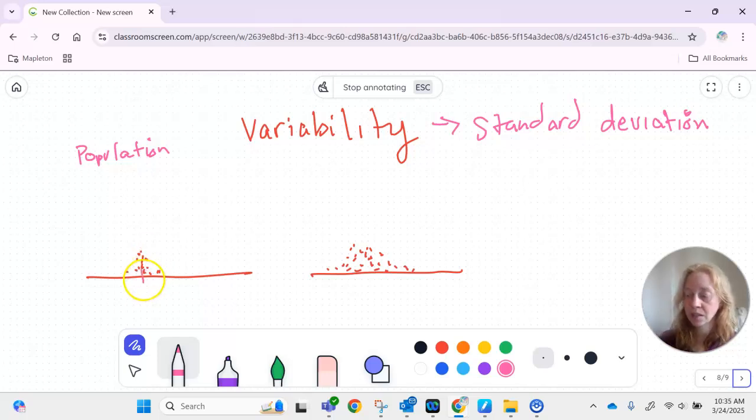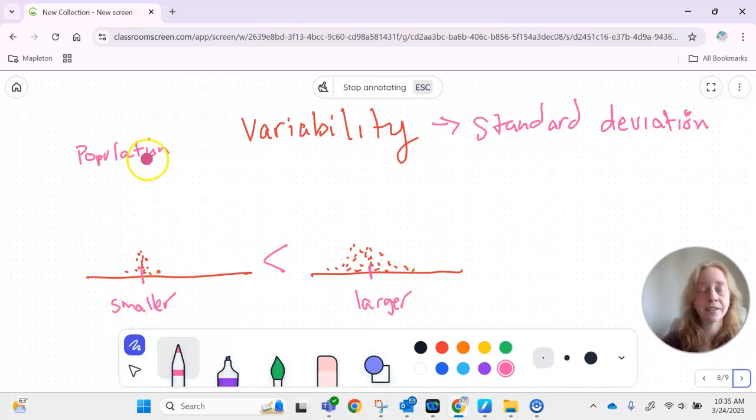So you can see in this one, the data is pretty close to the mean. It doesn't have a big spread. In this one, the data is more spread out from the mean. So this one has a larger standard deviation than this one, okay? This one is the larger one. This one is the smaller one.